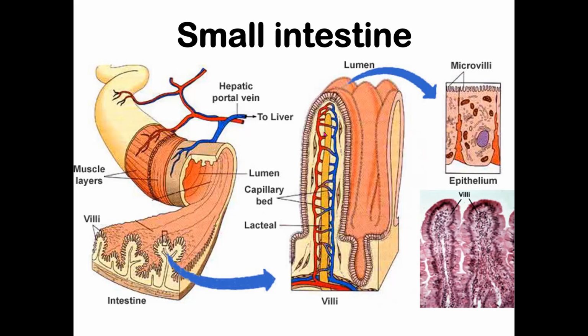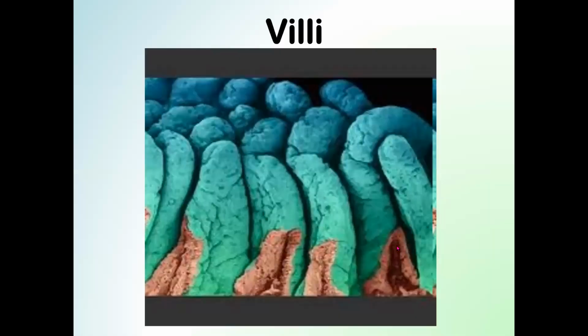And any fat absorbed goes into there, and amino acids and sugars go into the blood. Right? And on top of the villi, there are these little microvilli. So you get the absorption very, very fast.